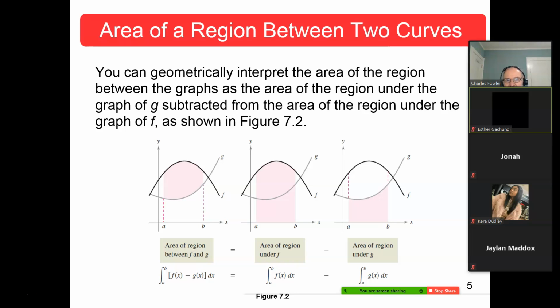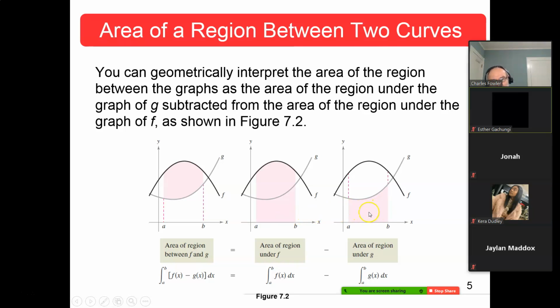You can geometrically interpret the area of the region between the graphs, and this is the same thing I did, as the area under the region of f with g subtracted from that of f. The pink in here is the area under f between a and b above the x-axis.